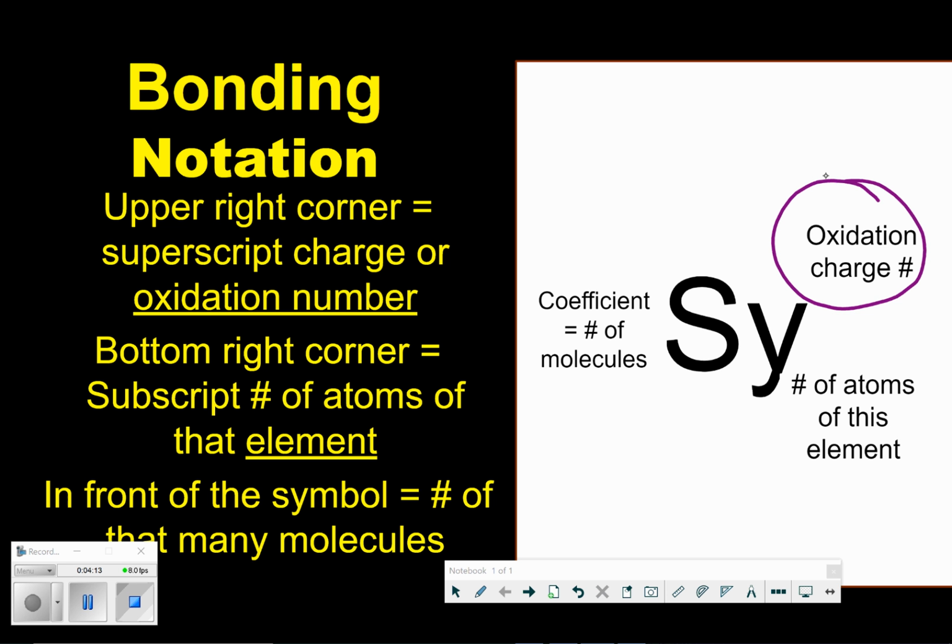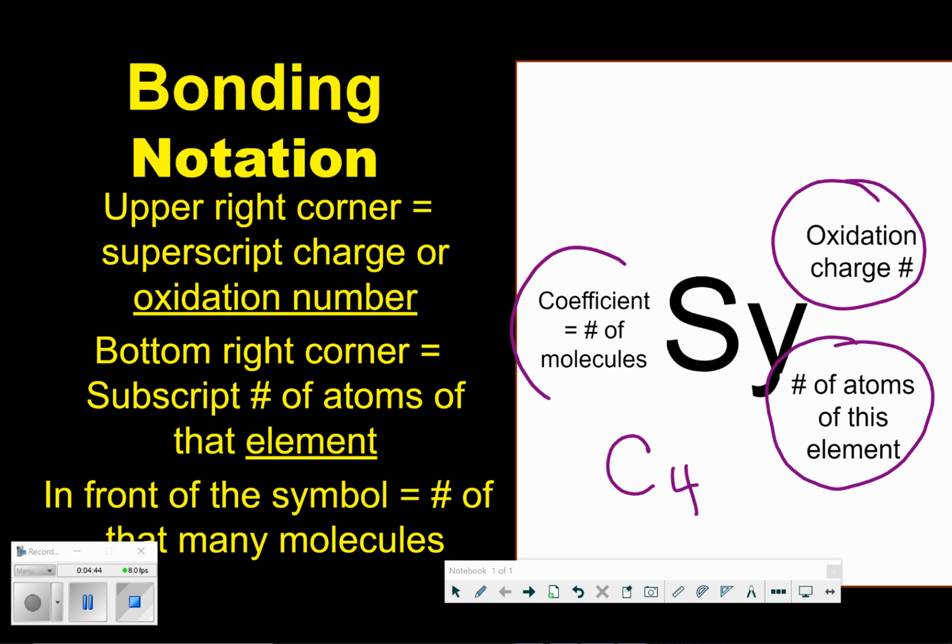This has to do with how many electrons it's going to donate or it wants to steal, or how many extra electrons it has, or how many missing electrons. Okay, the bottom right-hand corner, that is the subscript number of the atoms of that element. So if this said 2, that would be 2 of them. Okay, C4 means there are 4 carbons.